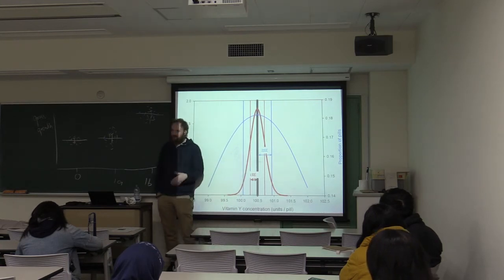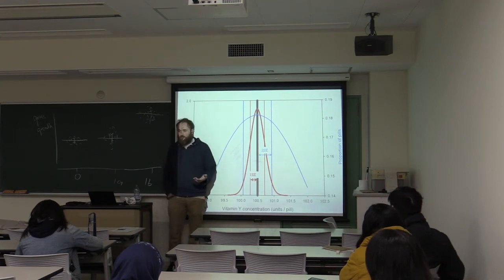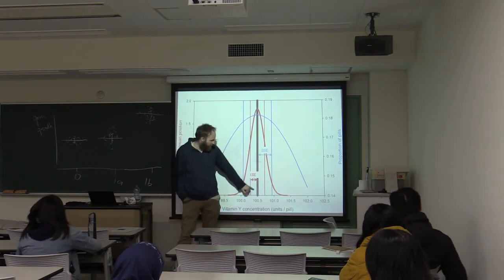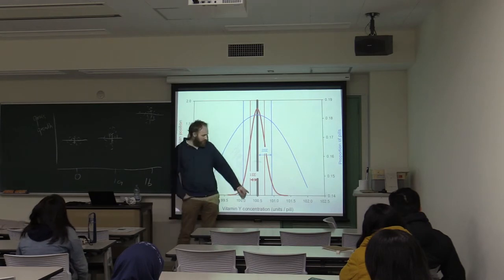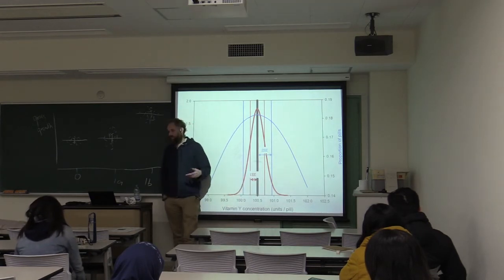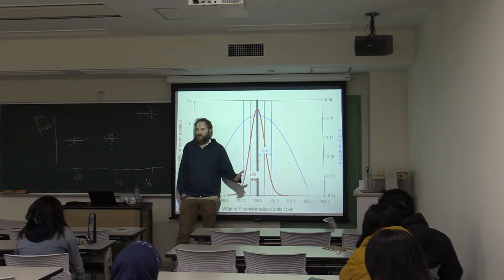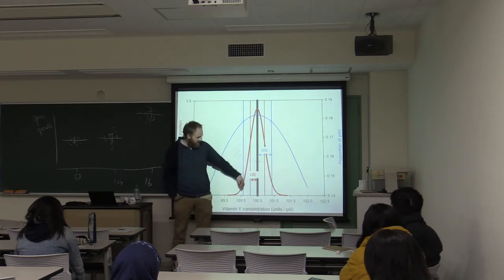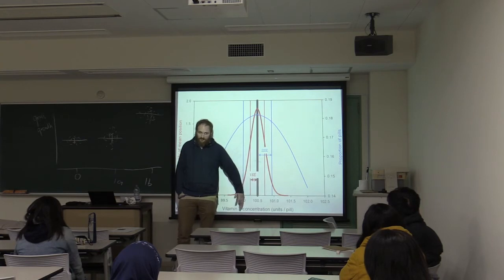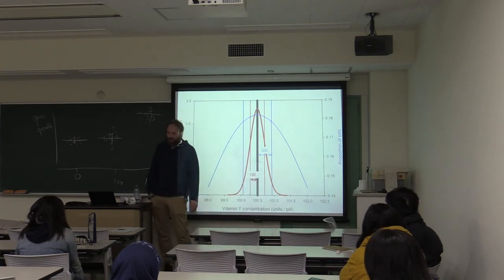But if we measured a different 100 pills, we would have got a different value. It wouldn't have been 100.5. It might have been 100.4, it could have been 100.55, but it wouldn't be exactly 100.5 if we measured a different 100 pills. It would be somewhere around here, but not exactly the same value.